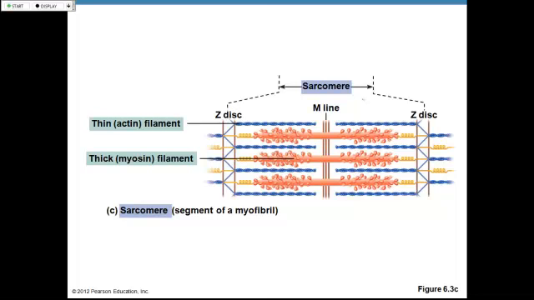When the muscle's relaxed, and it's not being asked to contract, the binding sites are oriented away from the myosin heads. When a nervous impulse comes down, a series of events takes place between the nervous system, the axons of the neurons, and the muscle.